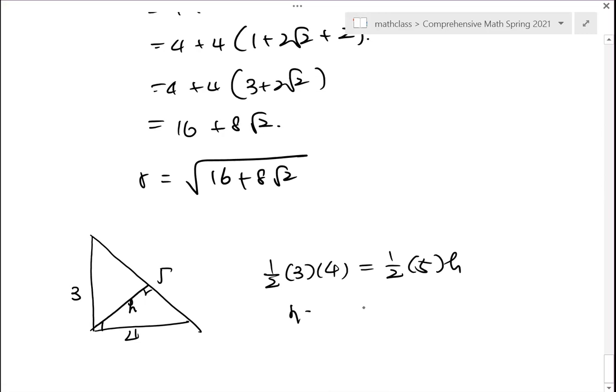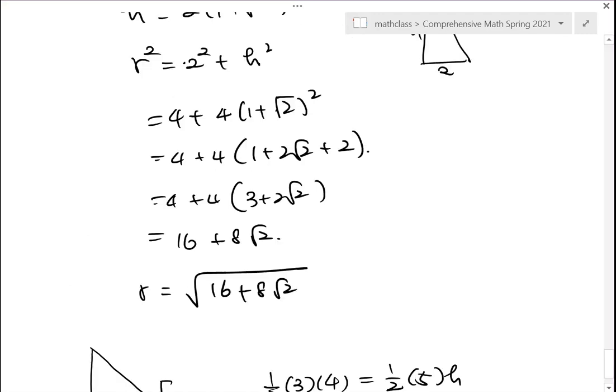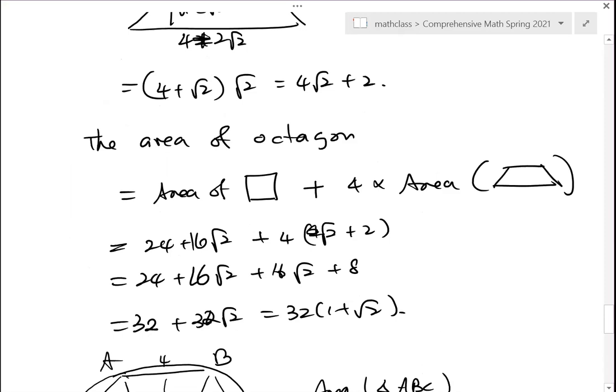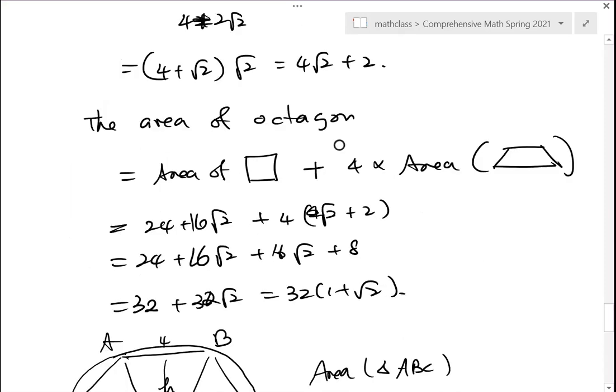So h is going to be 12 over 5. That's the easiest way to find the height. We call it using the area to find the height. This trick is also used for that problem, and 45 degrees is also used. Right, we got all the information we need. Great.